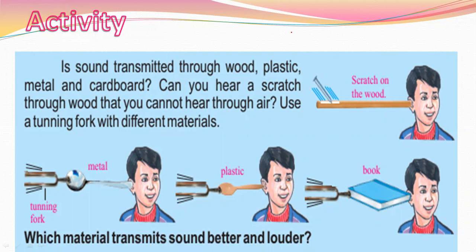Okay, first of all, we will see that all are solid things here. This is wood and the nail with which we will do the scratching. Then we have a metal spoon and a tuning fork, a plastic spoon and a tuning fork, and a book and a tuning fork. All are solid materials. So in solid materials, sound travels better and louder.